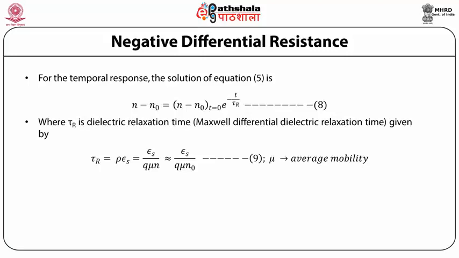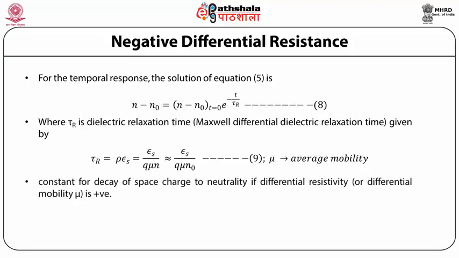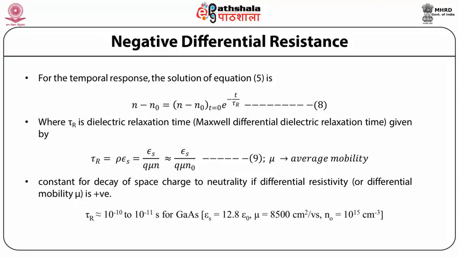So τ_r is the time constant for the decay of space charge to neutrality if the differential resistivity is positive. So τ_r is 10 to the power minus 10 to 10 to the power minus 11 seconds for gallium arsenide, for ε_s equal to 12.8 ε₀, μ̄ equal to 8500 centimeter square per volt second, and n₀ equal to 10 to the power 15 centimeter minus 3.